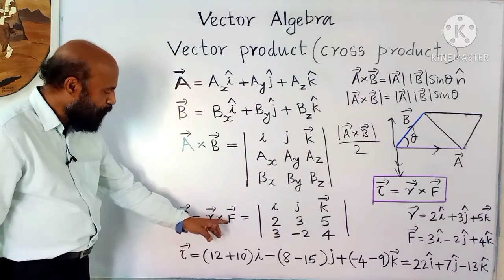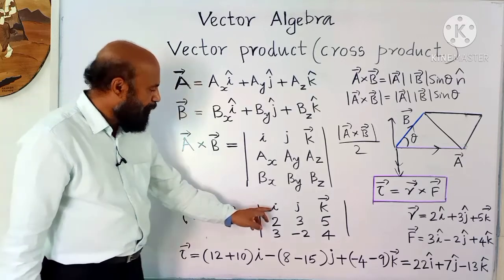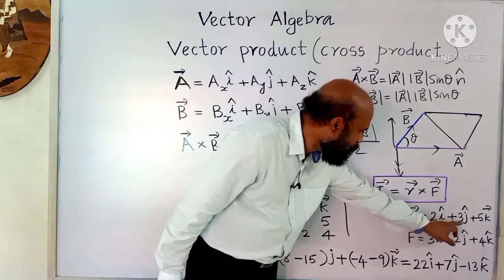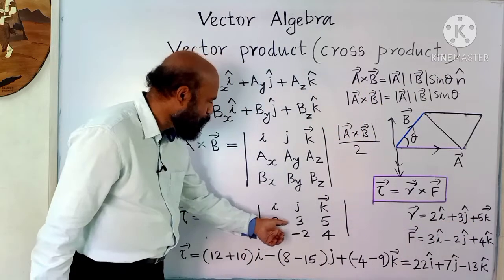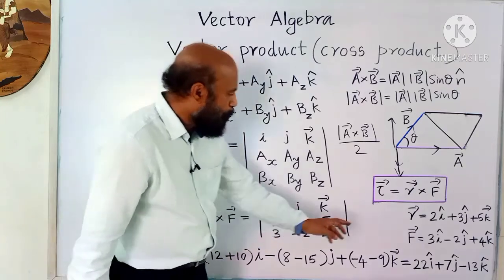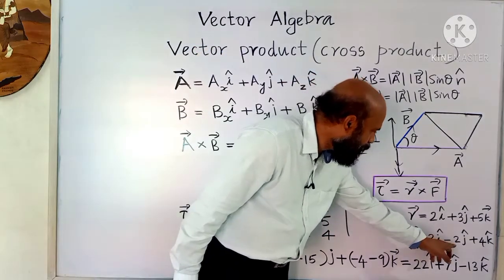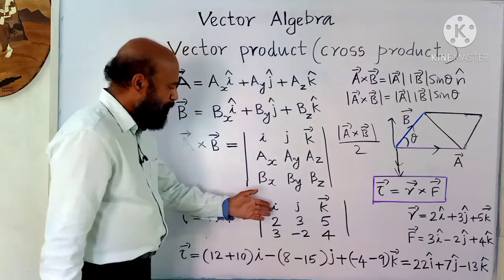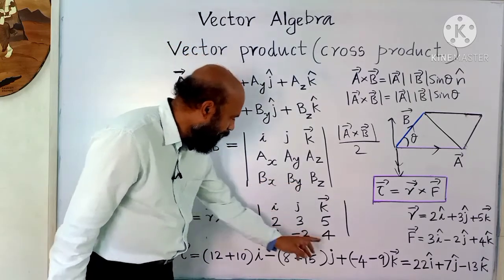Torque is r vector cross F vector. i, j, k, then the r vector components 2, 3, 5. Next the F vector components 3, minus 2, 4. Expand this determinant.